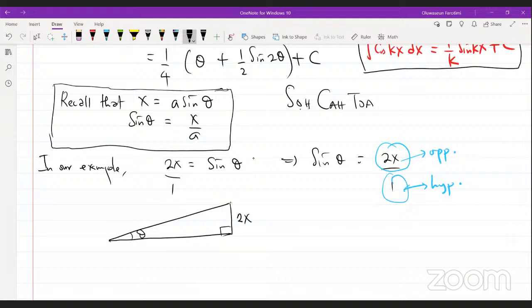Remember the Pythagoras theorem? Okay, do you remember that, guys? If you do the Pythagoras theorem, this guy is going to be 1 minus 4x squared.